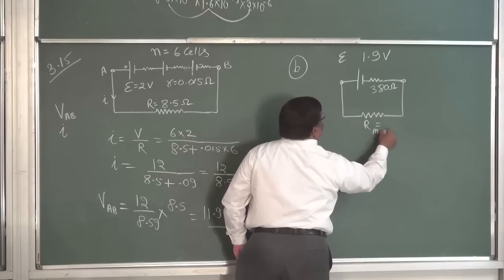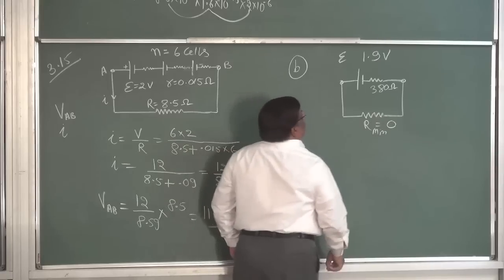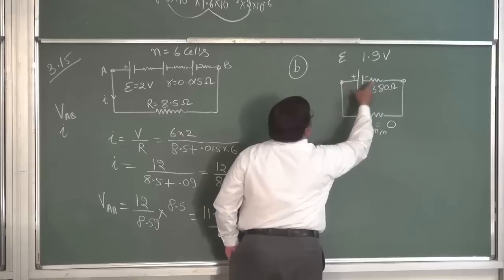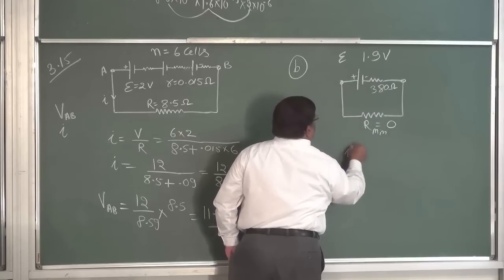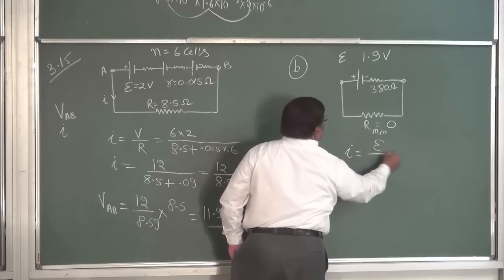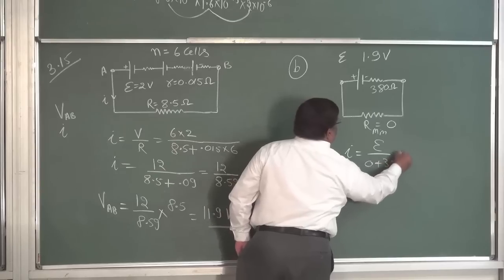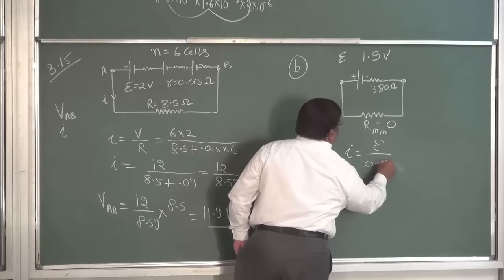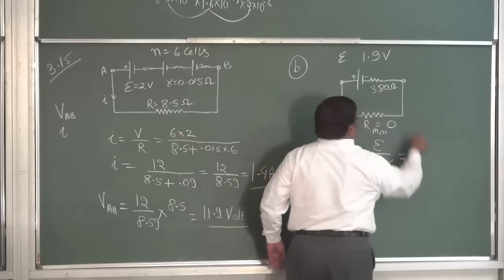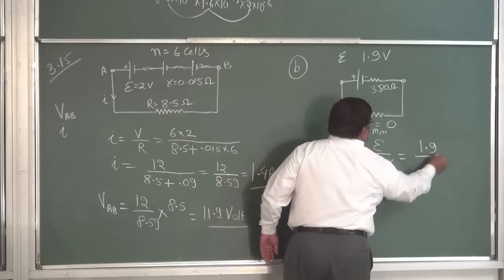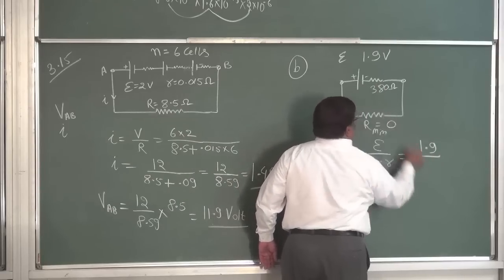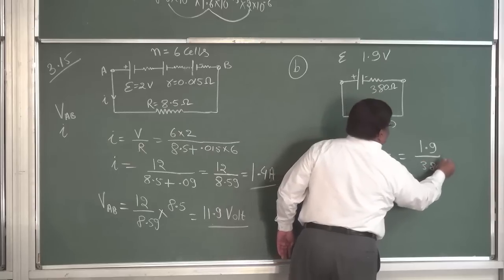R minimum is 0. In that case, what will be the current in this? I is equal to EMF applied divided by total resistance, 0 plus 380. That is R plus r. This EMF is 1.9 and this is R plus r, 380.